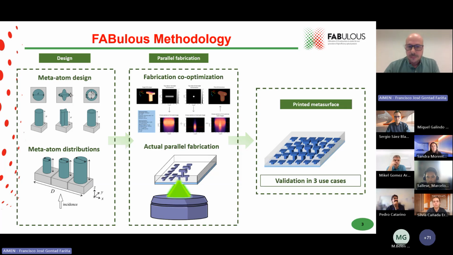Then we work on the manufacturing from a simulation point of view, simulating the process, to enhance how we use light to improve both the productivity and the resolution of the metal surfaces that we are fabricating, with the final goal of fabricating 3D metal surfaces that could be demonstrated in these 3 use cases.